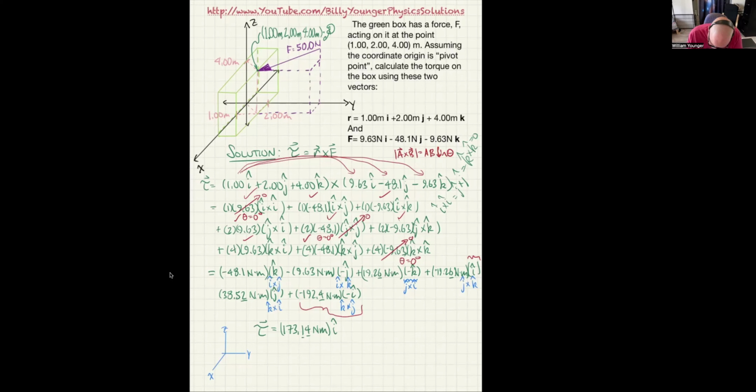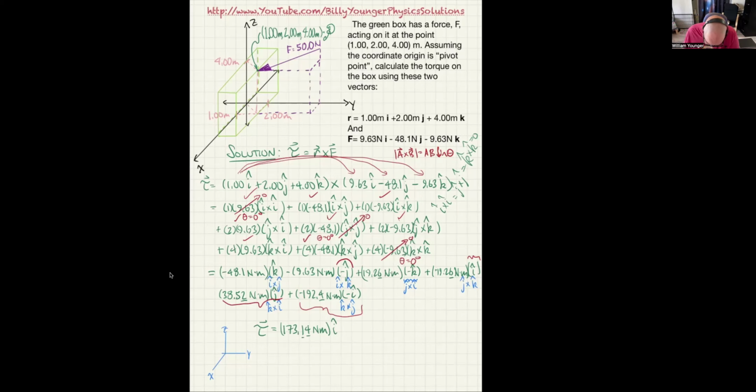We also now can do the j hat ones. So the j hat ones are going to be this guy. Excuse me, I should write it in red so it stands out a little bit. That negative j hat and this positive j hat. So this negative j hat is negative of a negative. So that should be a positive, so it'd be 9.63.